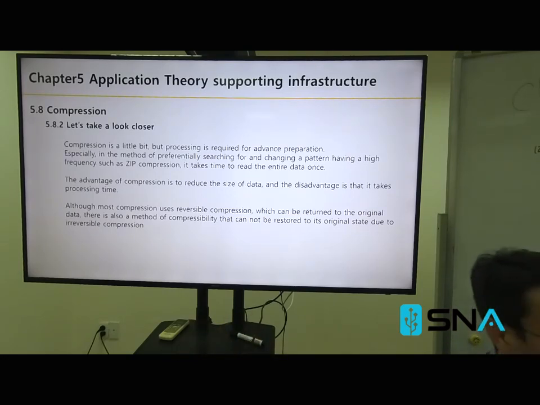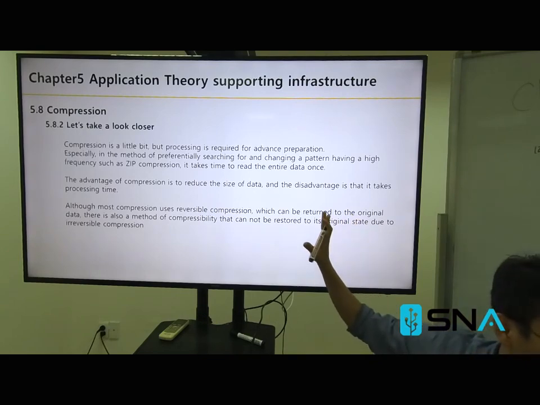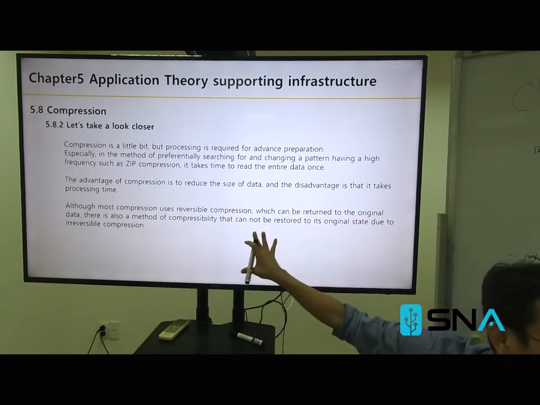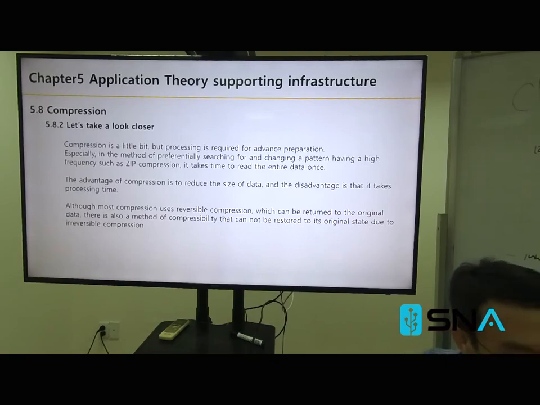Because the compression program needs to check which patterns this file has, the entire data needs to be read first. The advantage of compression is to reduce the size of data; that is its main purpose. The disadvantage is that it takes processing time.